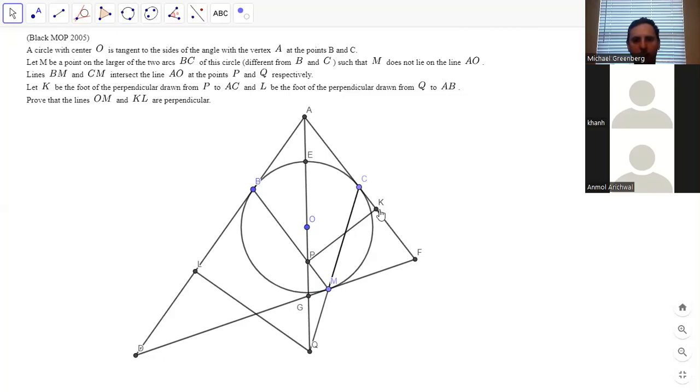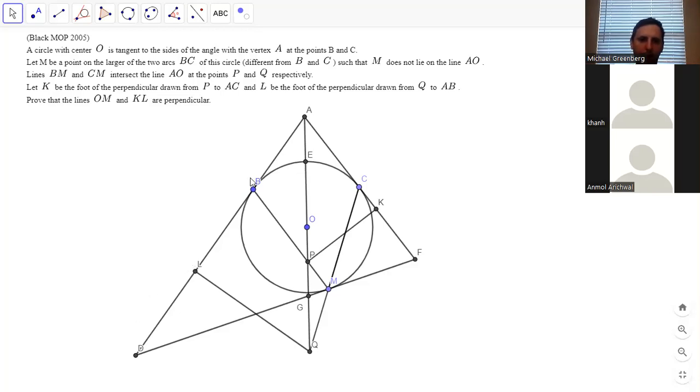So yeah, we want to find AK over KF, show that it's AL over LD. There's some kind of homothety. So we know AL over AB is AQ over AO, and we want to find AL over AD.